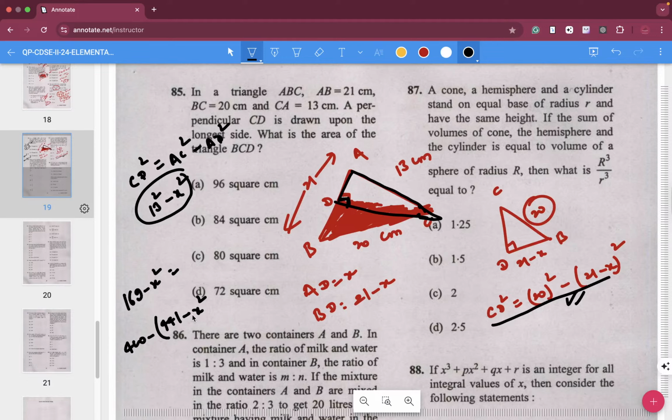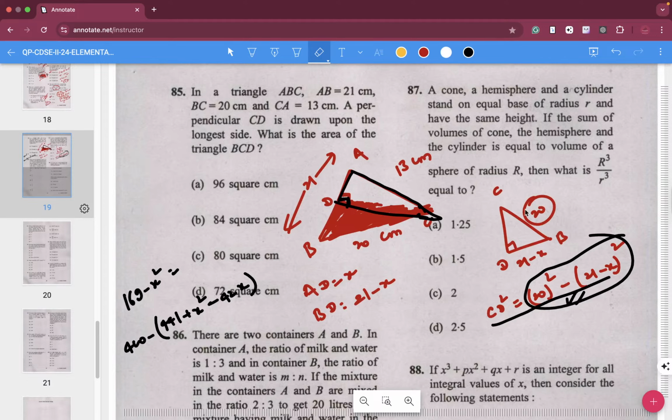minus of x square, sorry, this is plus of x square, minus of 42x. We are solving for this particular stuff. So we'll erase this to make some space.